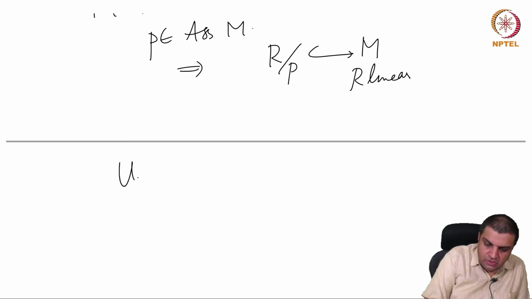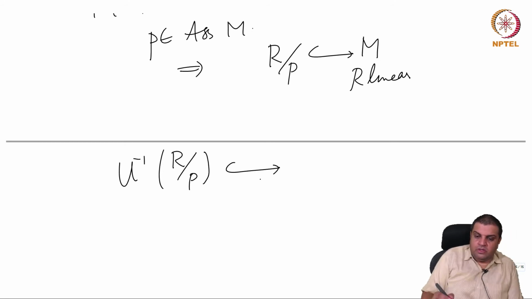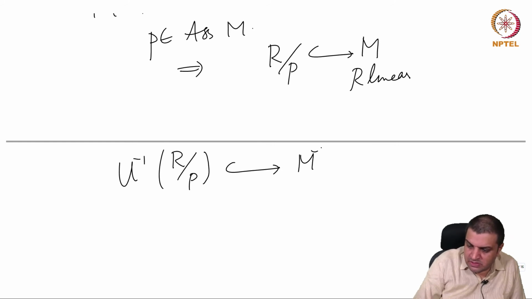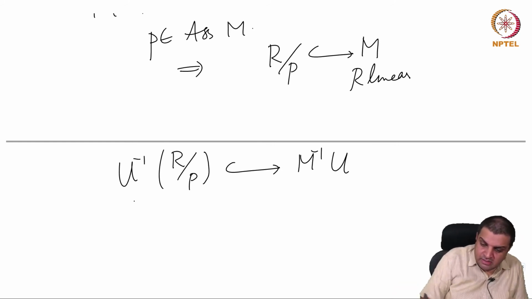This gives a map from U inverse of R mod P to U inverse M, and localizing preserves injectivity. What is this?